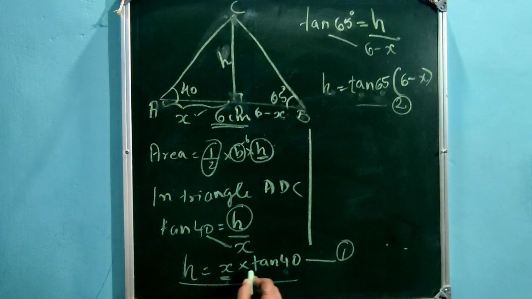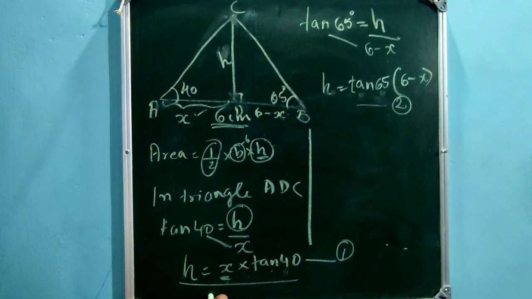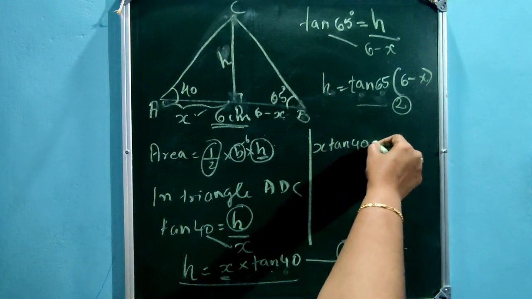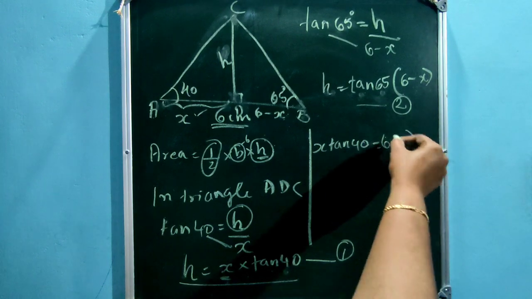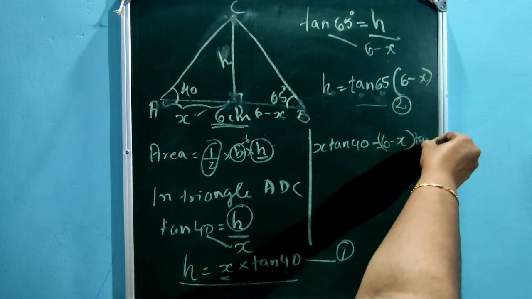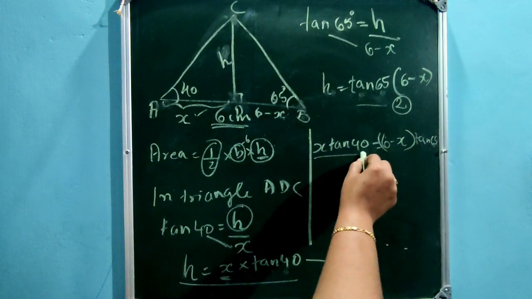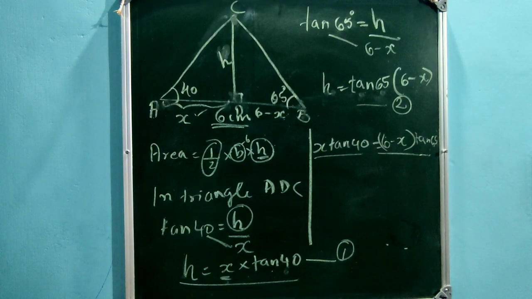So, from 1 and 2, h and h are equal. That means x tan 40 and (6 minus x) into tan 65 are both equal.